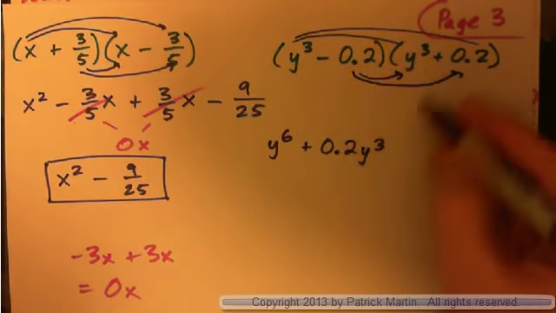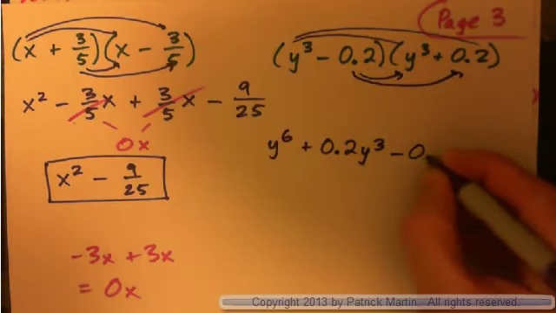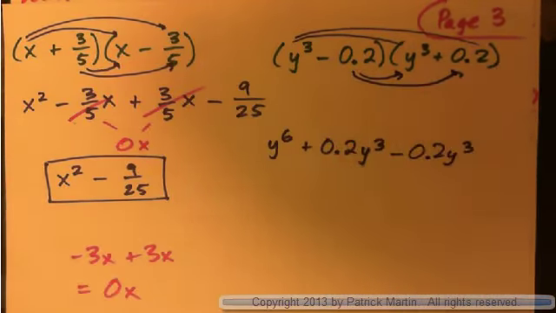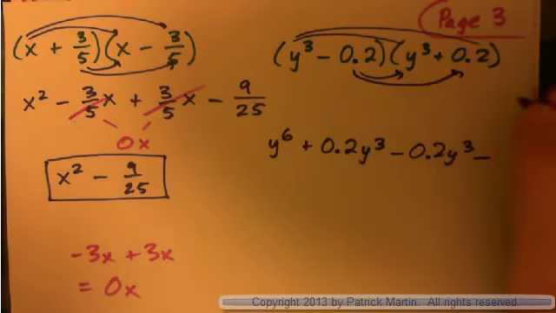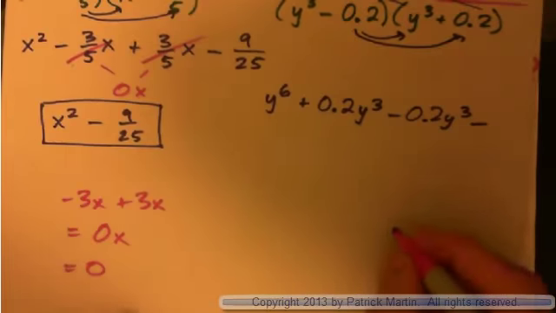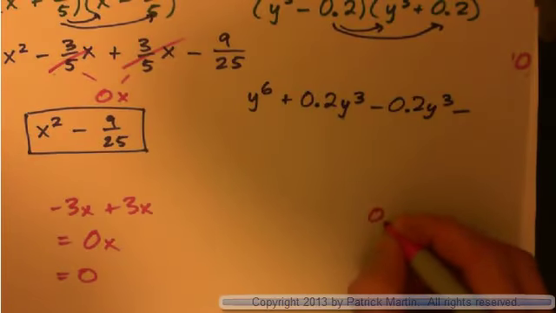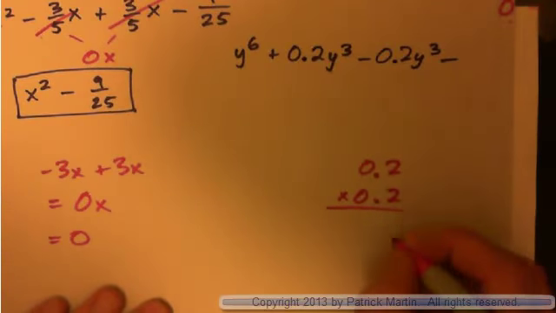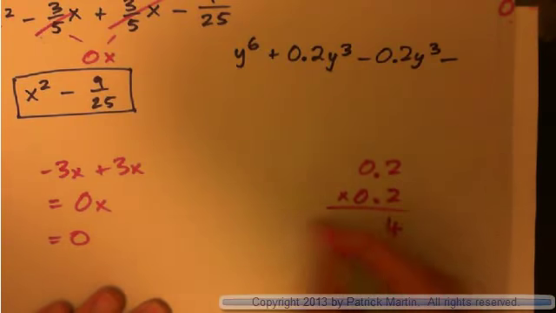Negative 0.2 times y cubed is negative 0.2 y cubed. What's negative 0.2 times 0.2? That's a negative number. And by the way, when you multiply decimals, I'll do it down here. 2 times 2 is 4, and then 0 times 2 is 0 and all that.